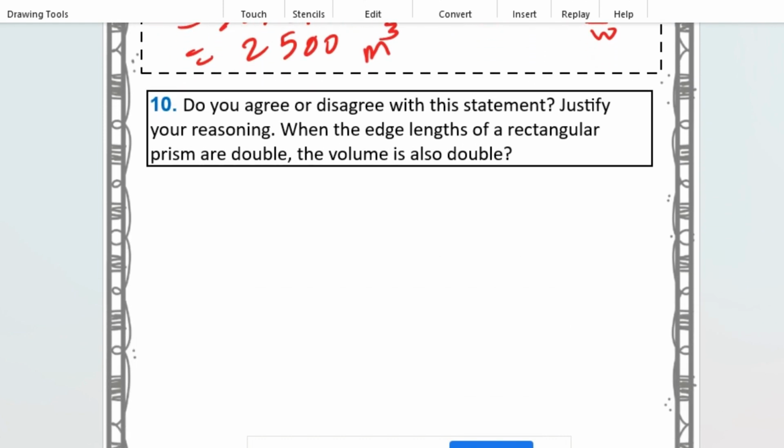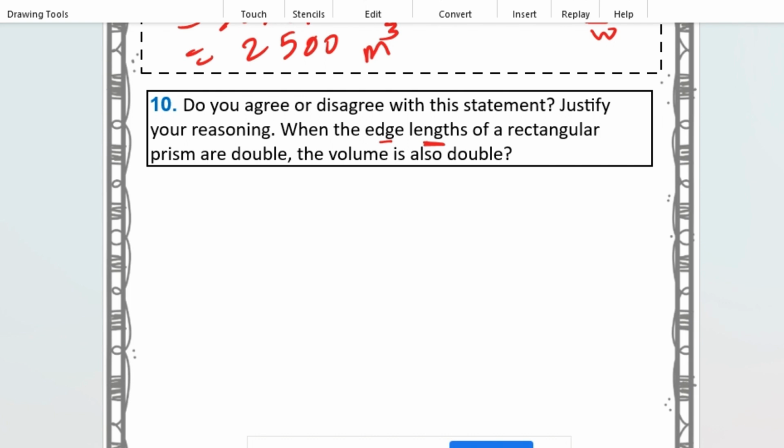Now, this question: do you agree or disagree with this statement? Justify your reasoning. When the edge lengths of a rectangular prism are doubled, the volume is also doubled. So this says that imagine if we doubled all the dimensions or lengths of a rectangular prism, what happens to the volume?